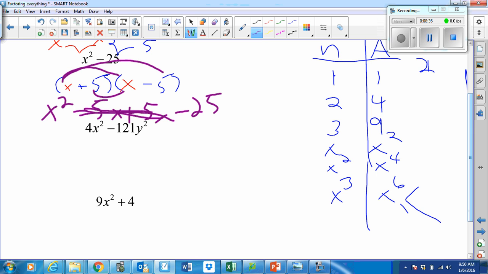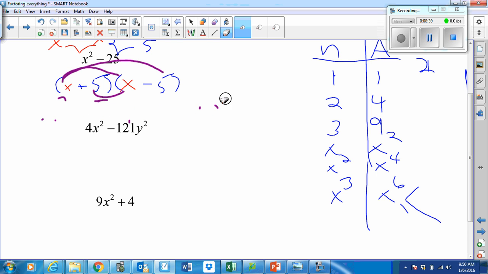So let's go on to the next one, and I'm going to erase that to make room to make our fireworks on this next one. So 4x squared minus 121y squared. So you ask yourself on the first term, do we have a perfect square? And we'd say, yes, we have a perfect square because 4x squared is 2x and 2x. And then 121y squared, do we have a perfect square?